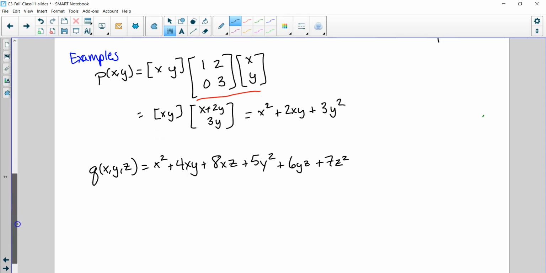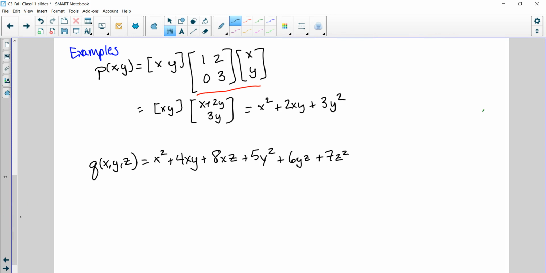And similarly, now I'm given the quadratic form, and I need to go to that matrix form. So I'm going in reverse. This is perhaps one of the more challenging exercises. I know that I should have something that looks like x, y, z, then my coefficient matrix here, and then another matrix of x, y, and z here.